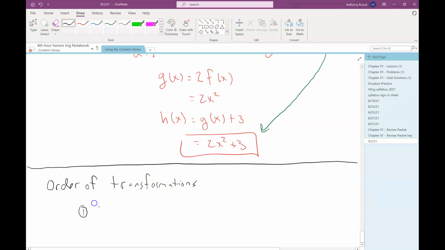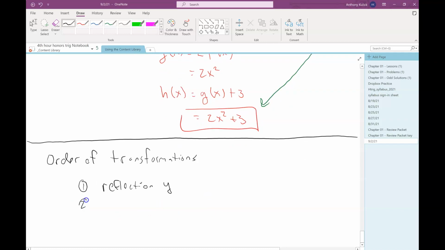So the first thing we're going to handle is the reflection across the y-axis. The next thing we're going to worry about is horizontal stretches and shrinks.